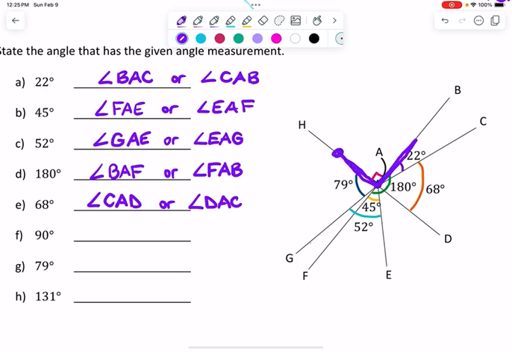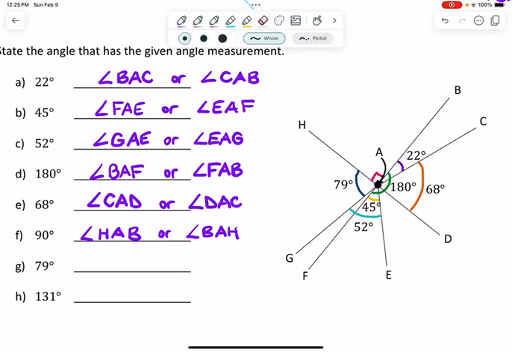So I can go from H all the way to A to B, H, A, B, or I can go backwards to B, A, H. Okay, 79 degrees. I've got this navy colored marking, so I have HAG as my angle, or angle GAH.